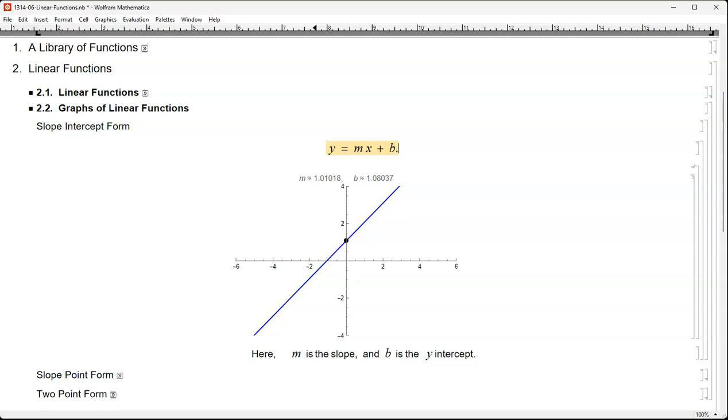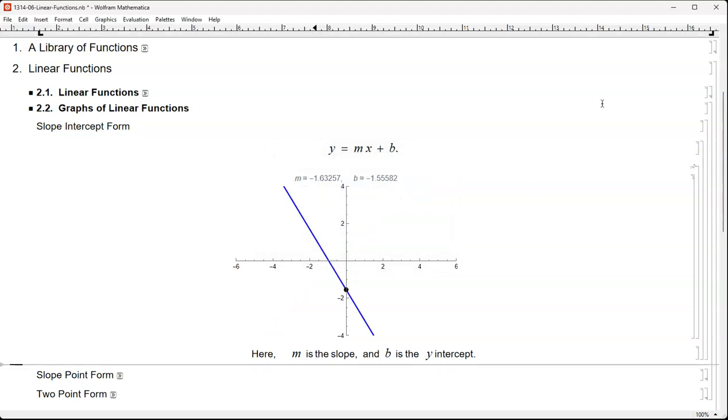And in this particular case, m is about 1.01. So as I move one step to the right, I go up about 1, just a little bit more than 1.01. And b is this y-coordinate here, (0, 1.08), again very close to 1. Let's run it again for a little bit different line.